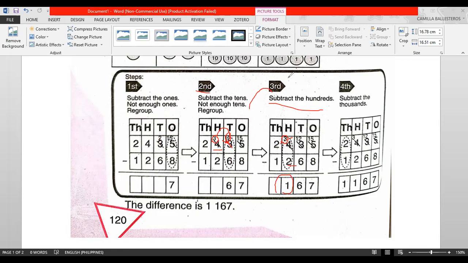What about the fourth step, in the thousands place? 2 minus 1. What's the answer? Correct, it's 1. So the difference is 1,167.